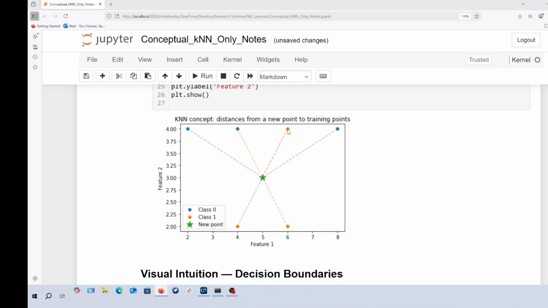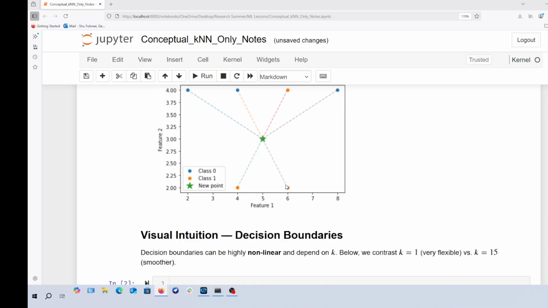If we choose k as 3, the majority of points closer to this star belong to the orange class. So we can predict that this new point belongs to class 1. That is how it works in theory.